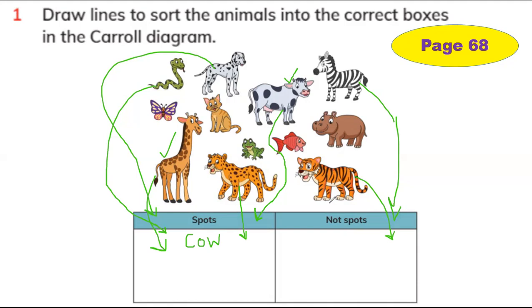We could not see any spots on their bodies. So in this way you can use the Carroll diagram to sort out what things are the same and what things are different. So let's move on to the next slide.